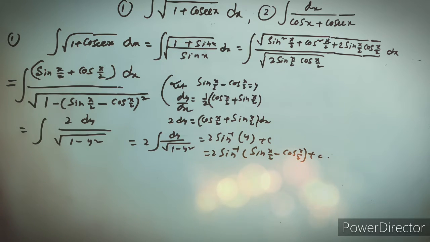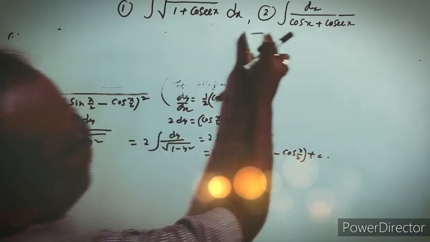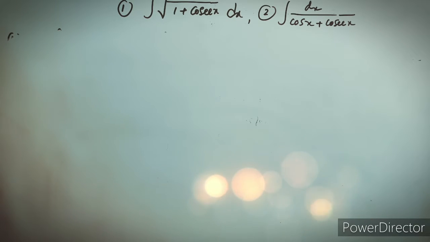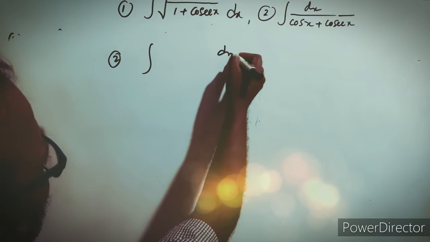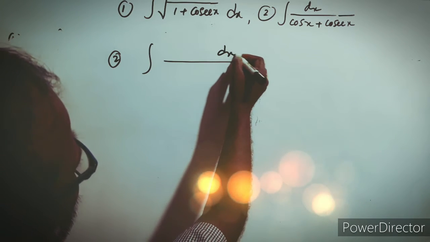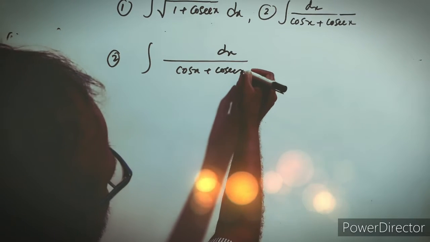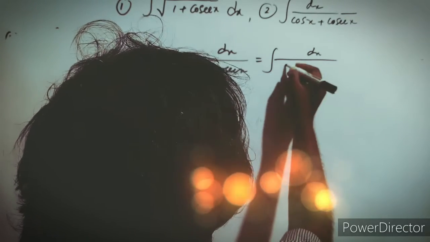And now we want to solve question number 2. This is also a very interesting question. Same technique, and normally both patterns are the same, but see carefully: integral of dx by cos x plus cosec x, dx.